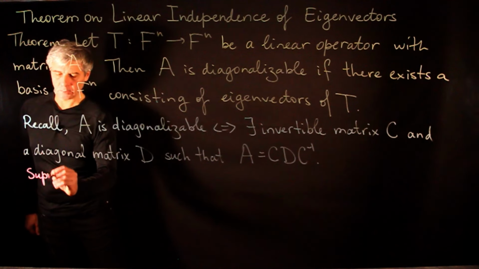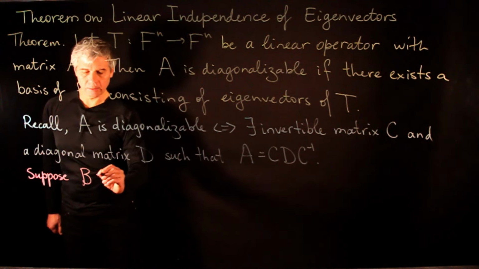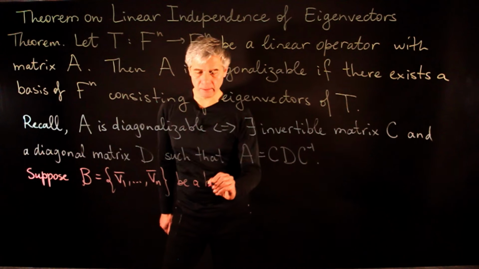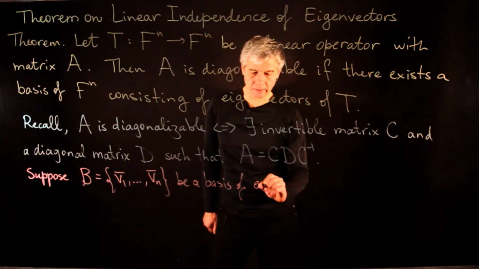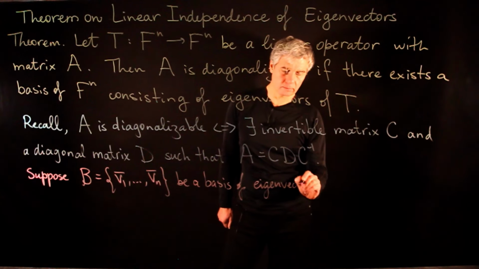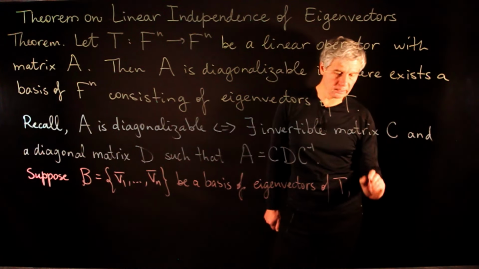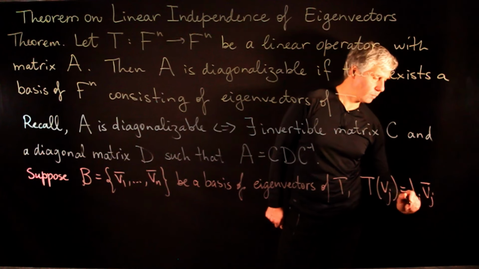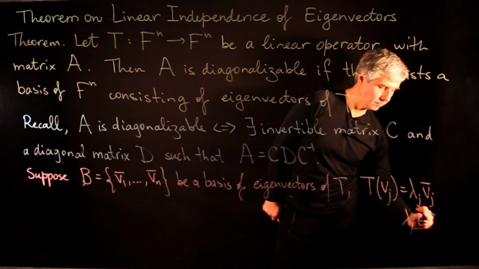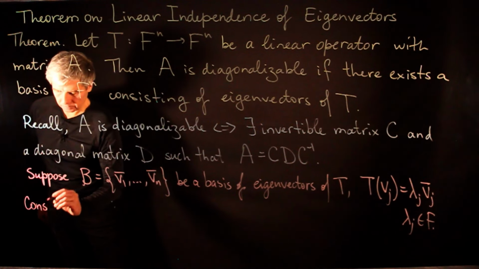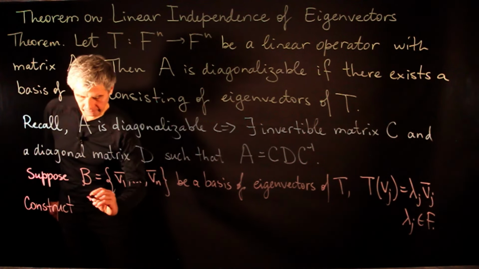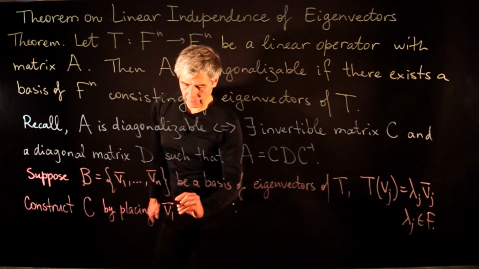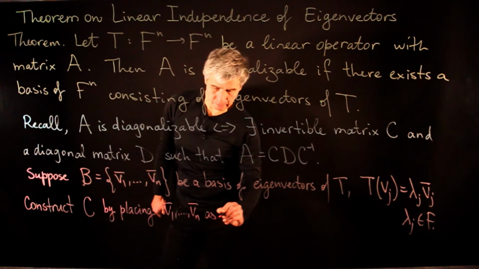So suppose B being V1 through Vn be a basis of eigenvectors of T. So this means that T applied to Vj is lambda j times Vj, where lambda j's are eigenvalues in F. Then we construct C by placing basis vectors V1 through Vn as columns.